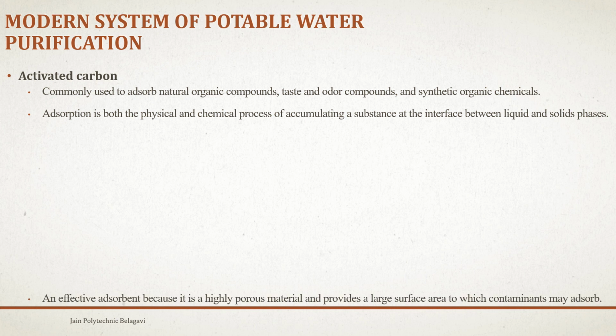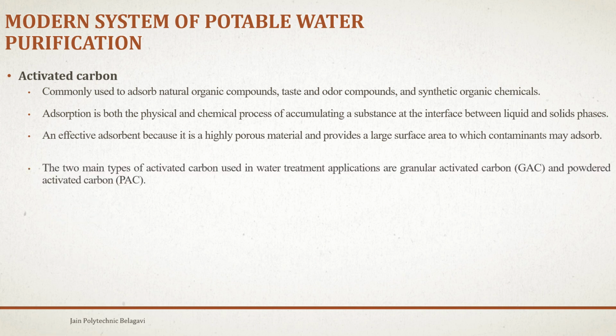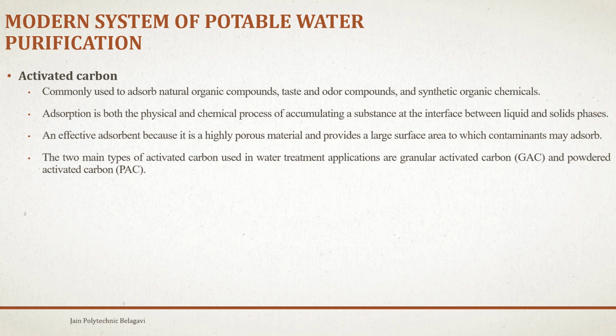particles. Next, it is an effective adsorbent because it is a highly porous material and provides a large surface area to which contaminants may adsorb. Two main types of activated carbon used in water treatment applications are granular activated carbon.